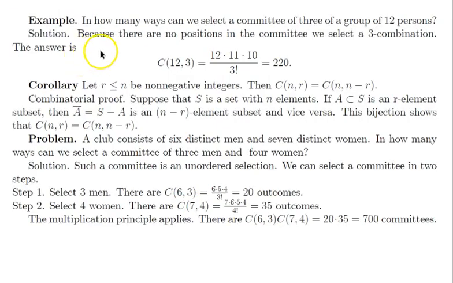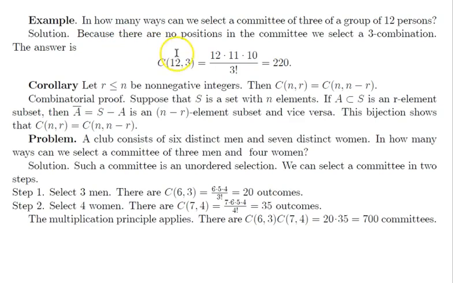Example. In how many ways can we select a committee of 3 of a group of 12 persons? Solution. Because there are no positions given in the committee, we have an unordered selection, so 3-combinations.